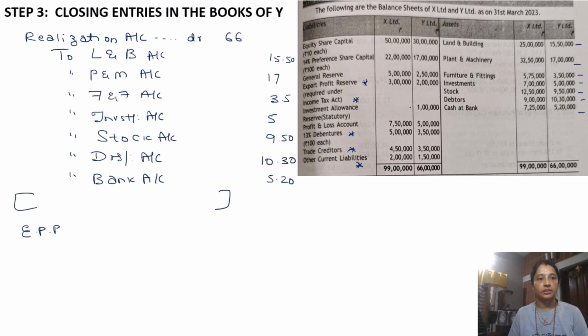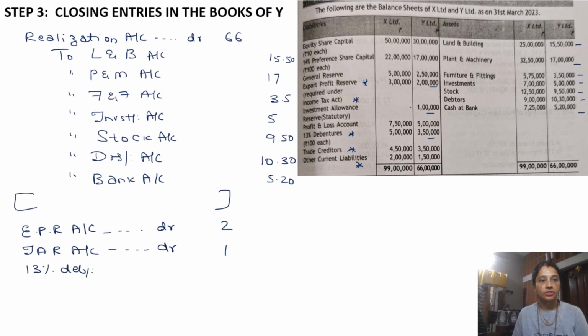Next one is export profit reserve account debit, amount is of Y, amount is 2 lakhs. Then investment allowance reserve account debit, amount is 1 lakh. Then 13% debentures account debit, amount is 3,50,000.